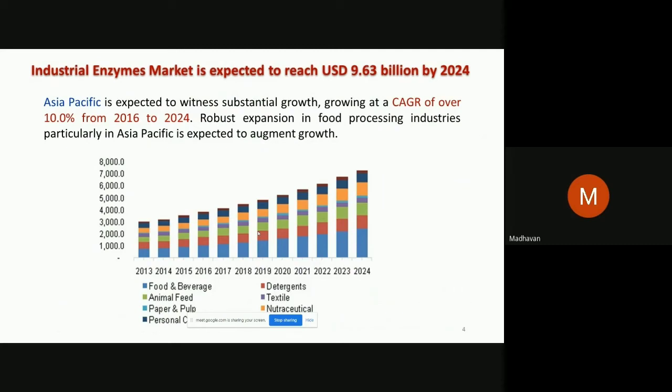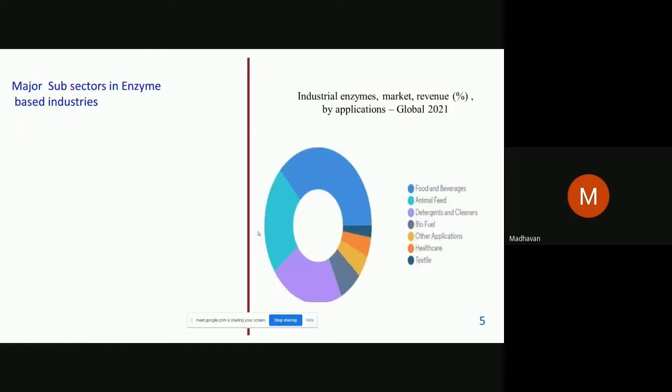You can see most of the areas: food, beverage, animal feed, paper pulp, detergents, textiles, and nutraceuticals, which we just discussed. The 10% compound annual growth is especially for the Asia Pacific region, because there is a robust expansion of food processing industries there. In Japan, Korea, Thailand, Malaysia, and India, the food industries are flourishing like anything, and this type of enzymes is required in very high amounts.